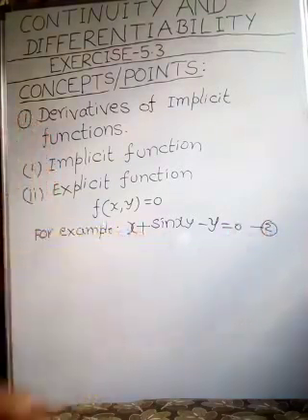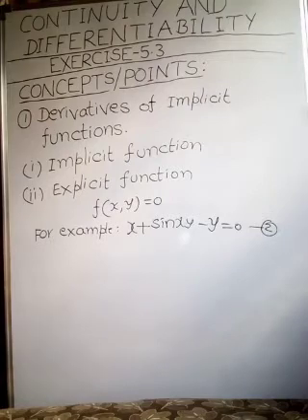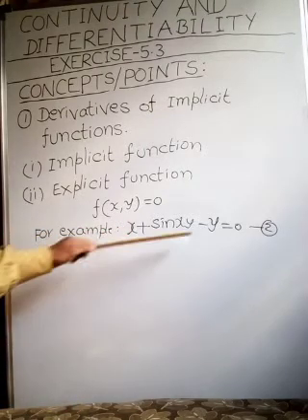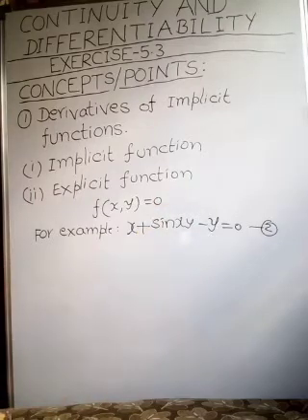If you observe this equation, we can't solve for y. It means we can't write the y value in terms of x from this equation. As in the case of equation 1 we found the value of y in terms of x, but here we can't find the value of y in terms of x.